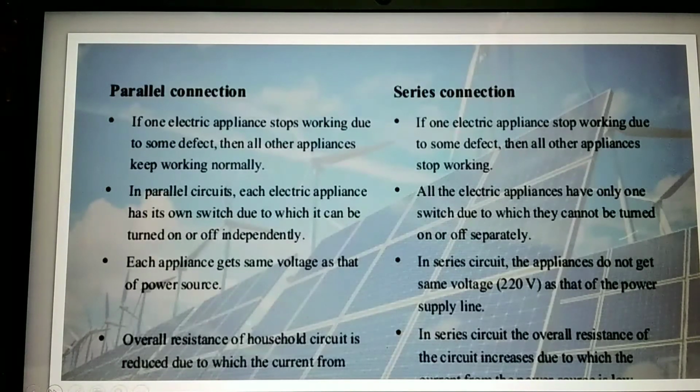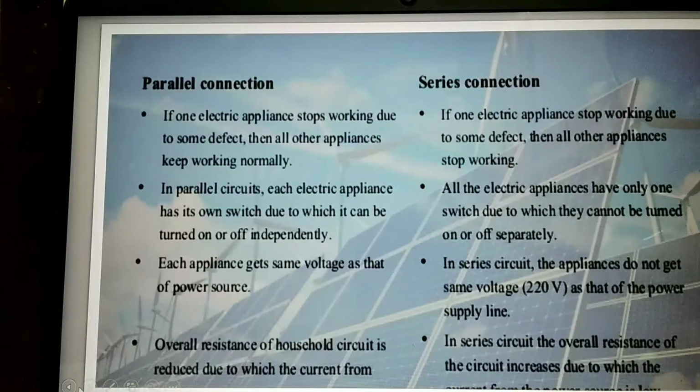In a series circuit, the appliances do not get the same 220 volts as that of the power supply line. Overall resistance in parallel connection of a household circuit is reduced due to which the current supply is high, whereas in a series circuit, the overall resistance of the circuit increases due to which the current from the power supply is low.